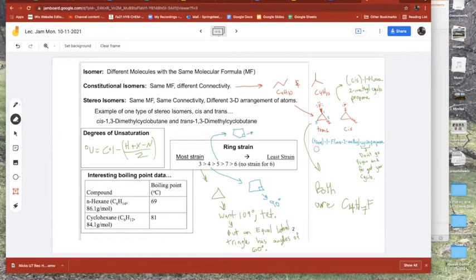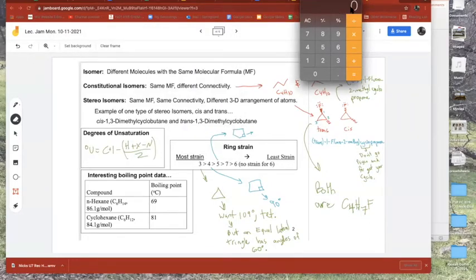Anybody know? I forget. I think it's 180 divided by 5, or 360. I should know this. I'm not good with my geometry stuff. Let's say 180 divided by 5. No, that doesn't look right. It's probably 360 divided by 5. 72, is that right?